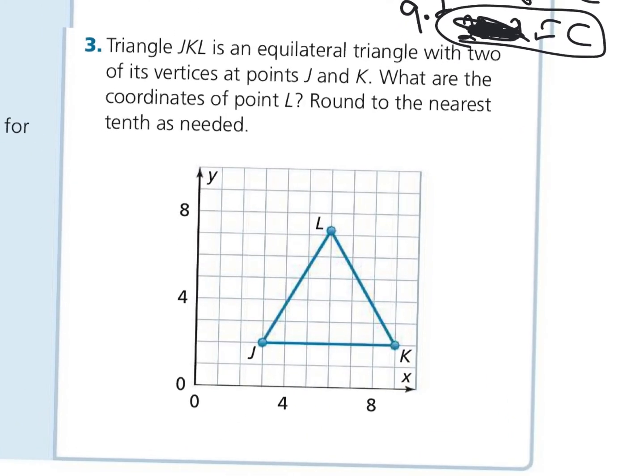And then number 3, we have an equilateral triangle. What are the coordinates of point L? So we could make this into a right triangle. If we just look at one of these parts, this is 3.